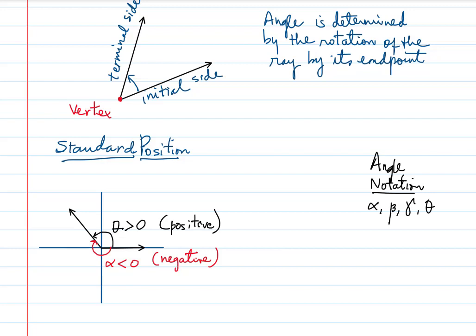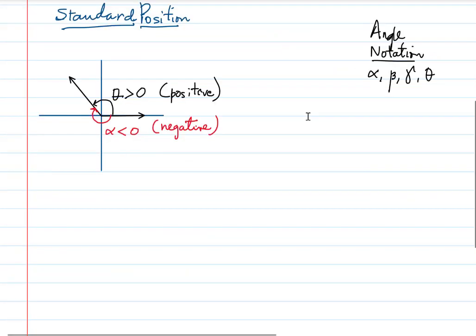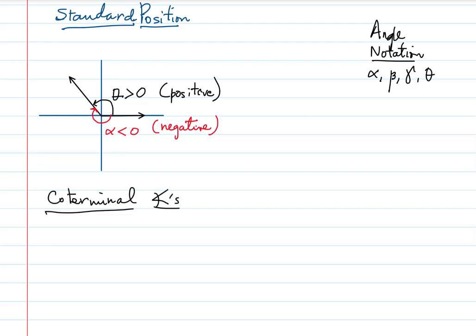Okay. So notice here again, positive means counterclockwise, and clockwise means negative. So that's very important. Now would be a good time to also define what coterminal angles are. Coterminal angles, just like the word says, are angles that, remember, from now on we said we're going to use standard position, so all angles start from the positive x-axis and go to the terminal side.